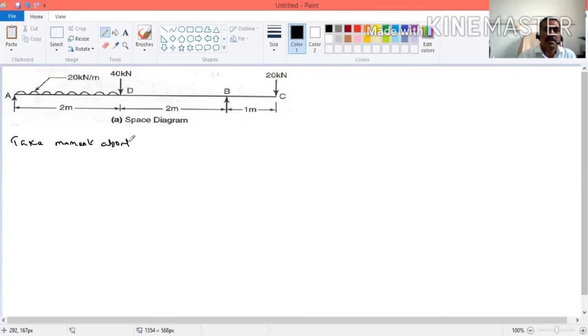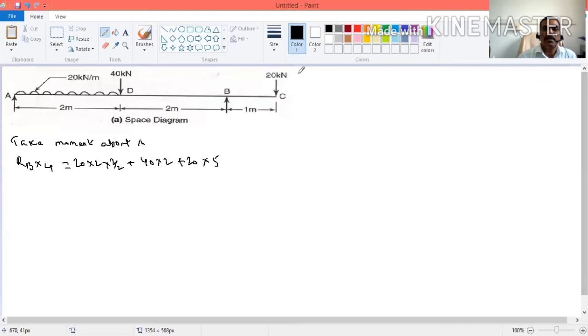If you take moment about A, that is RB multiplied by distance 4, equal to 20 into 2 into 2 by 2, plus 40 into 2, plus 20 into 5.